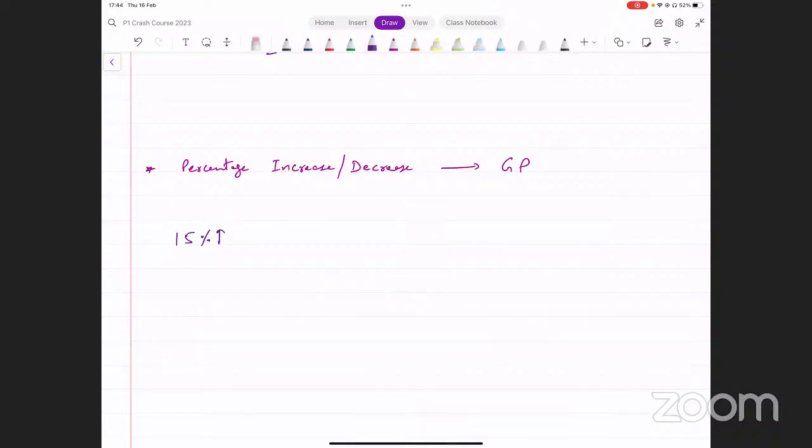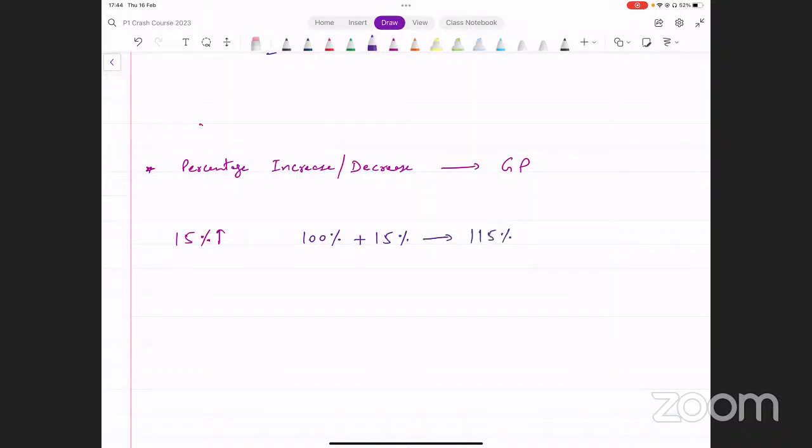If you were increasing something by 15%, let's say, what that means is, if you had 100% originally, right? So whatever was the original number, let's call that 100%. What you're doing is you're adding 15% to that. Okay. Now, what does that become? That becomes 115%.